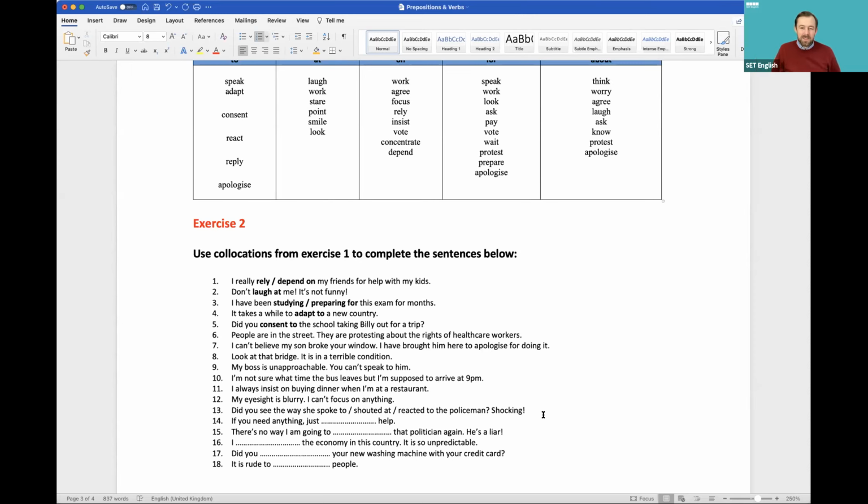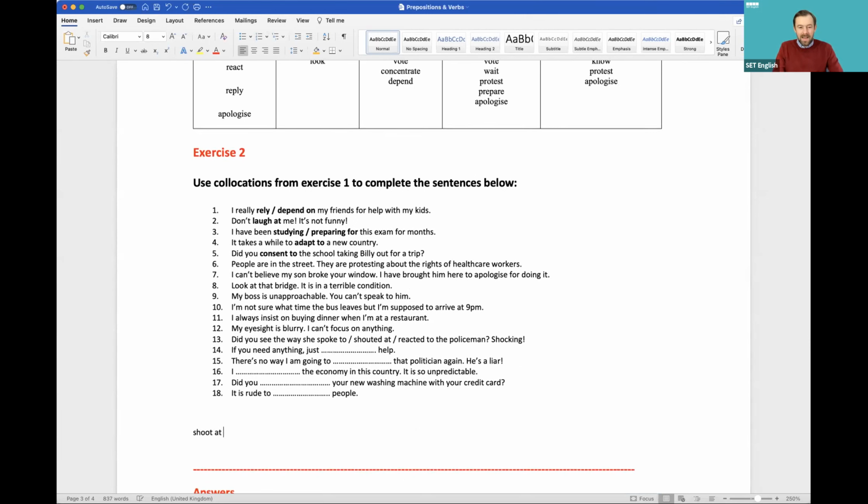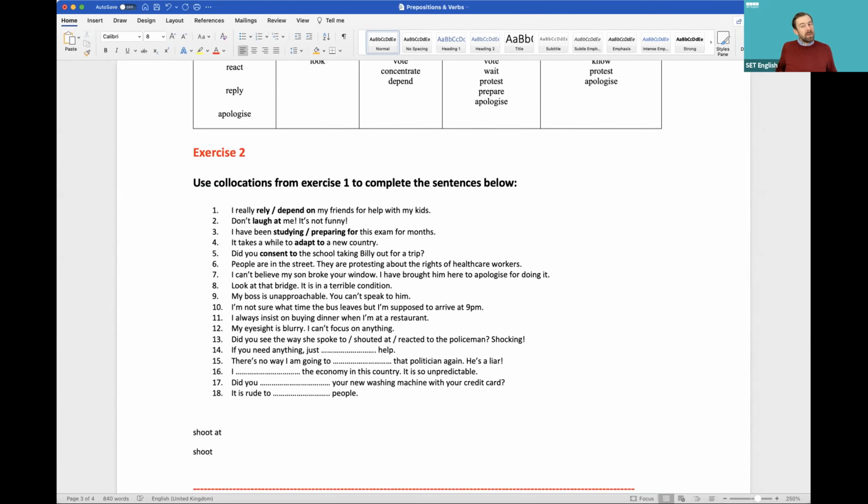Now this is an interesting one. Very quickly, to shoot at and to shoot are a bit different, because if you shoot a policeman, the bullet is inside the policeman. The policeman might be dead. If you shoot at, we're not sure if you hit them or not.